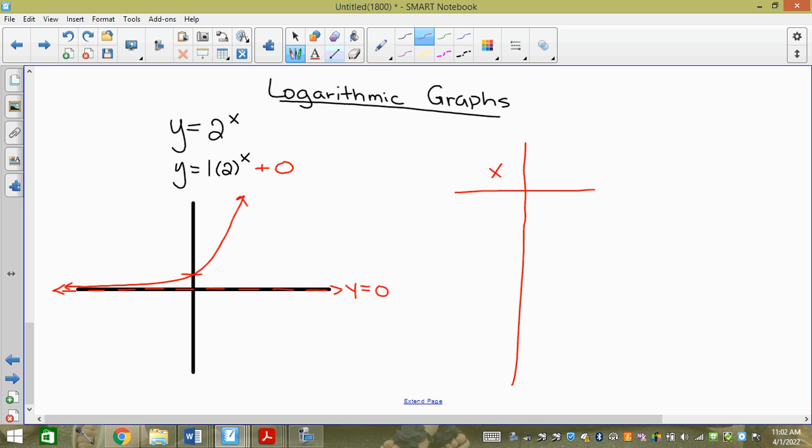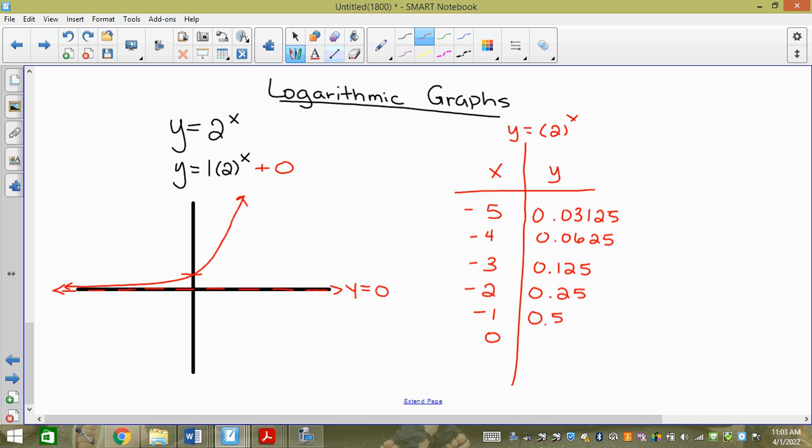So I'm going to go x, y, and I'm going to start at -5, and this is for y equals 2 to the x. I have 0.03125. Then -4, I have 0.0625. -3, 0.125. -2, 0.25. -1, 0.5.